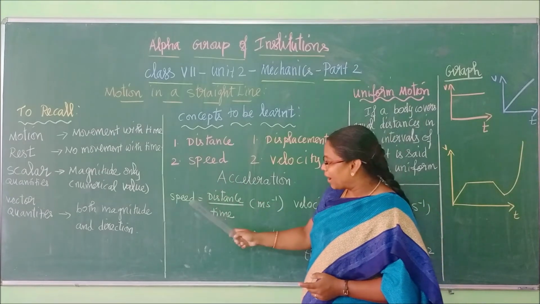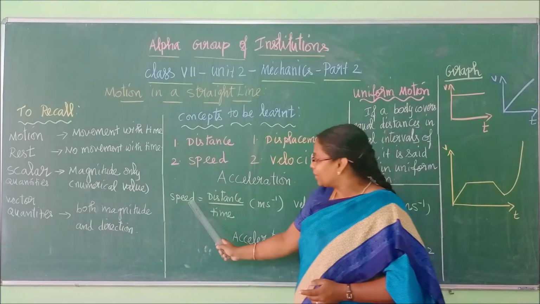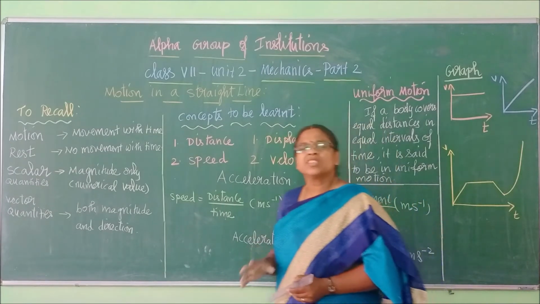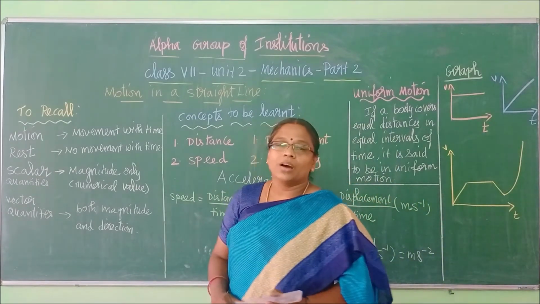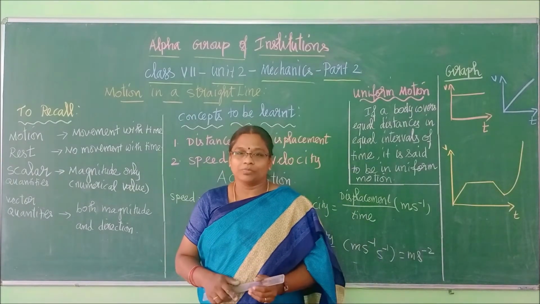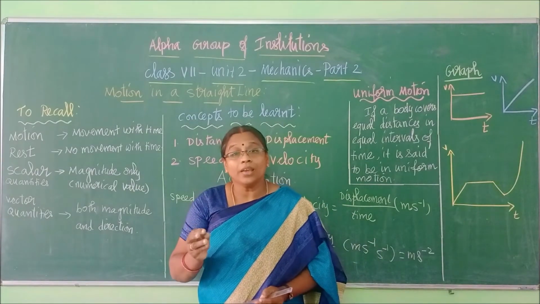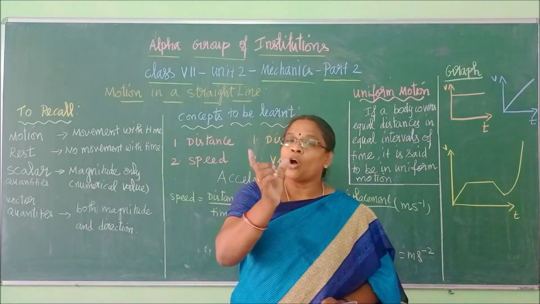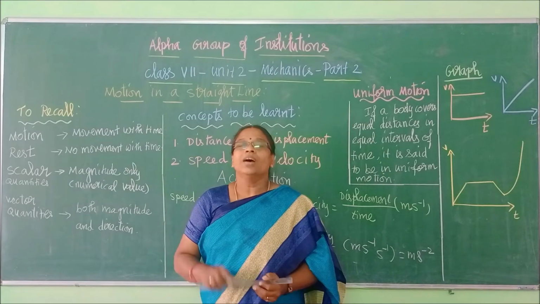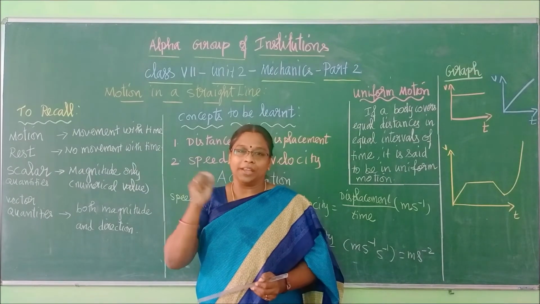For speed I have one formula here. Speed is equal to distance by time. So in physics generally children, every concept, every quantity we will compare with time. Right? When we compare any quantity with time, we call it with one keyword called rate. Say the word rate. R-A-T-E.